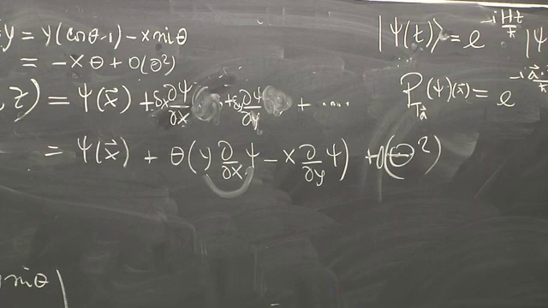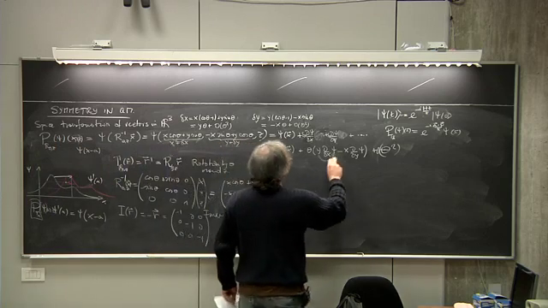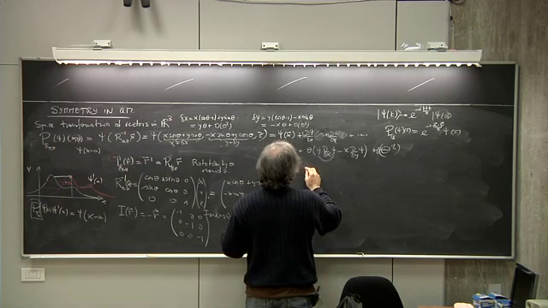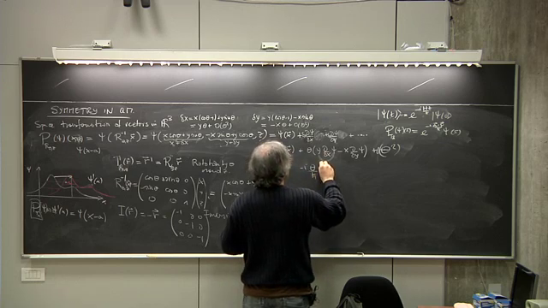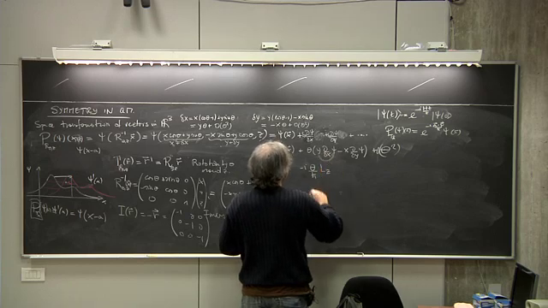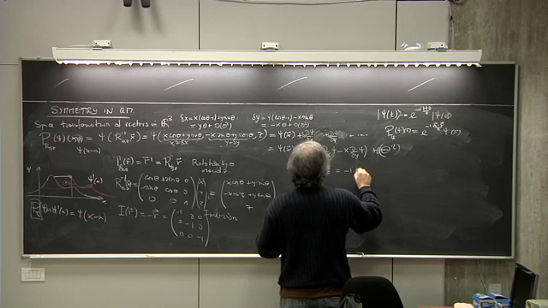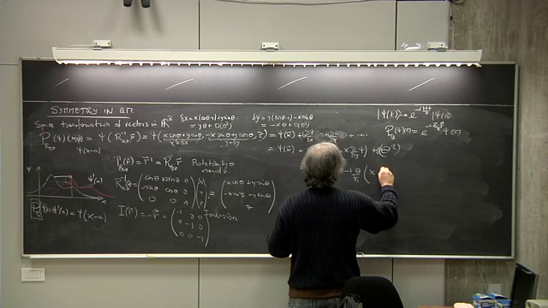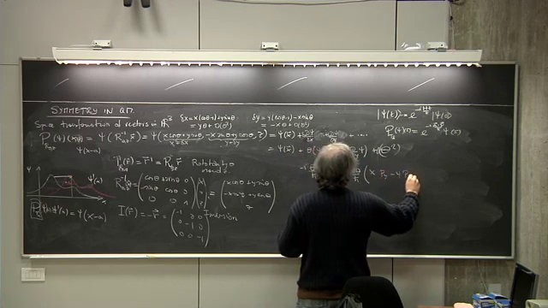Now you start seeing things, right? Let me write this as minus I theta over h bar times the Lz. What is it? This would be minus I theta over h bar times x py minus y px.